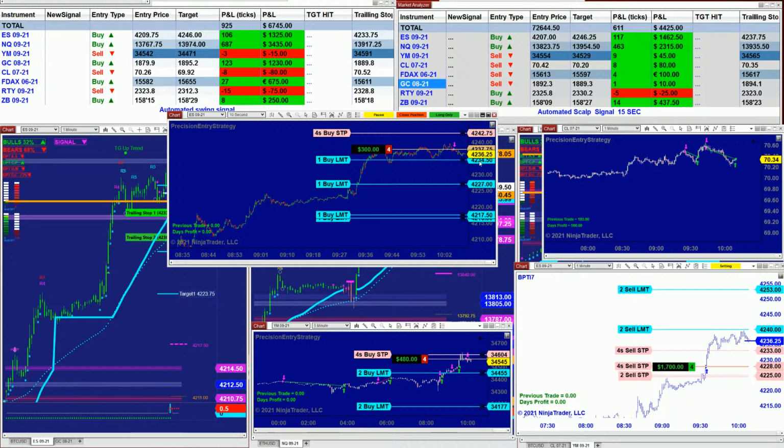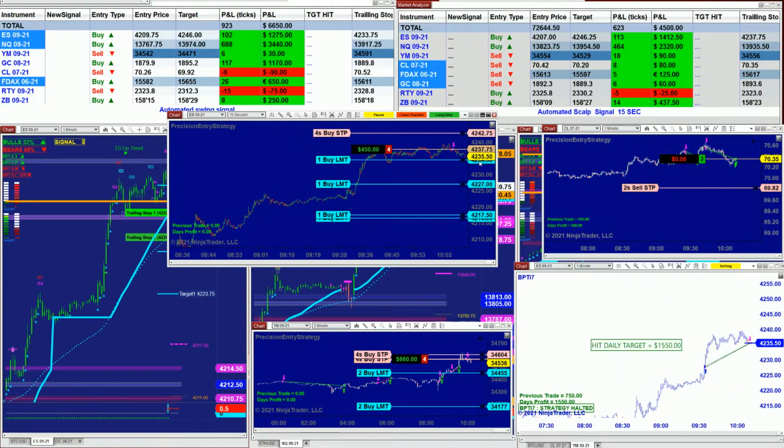No matter how flat the market, when you have an auto trade, it's a very effective auto trade. You put it on 10 or 15 seconds, it's going to catch a trend.